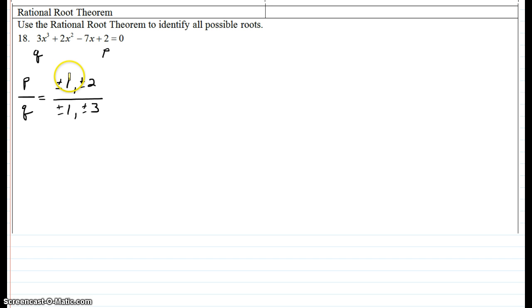First thing we're going to look at is 1 over 1, and then we'll look at the 2 over 1. And so we have factors of plus or minus 1 or plus or minus 2. Now we look at 1 over 3 or 2 over 3.